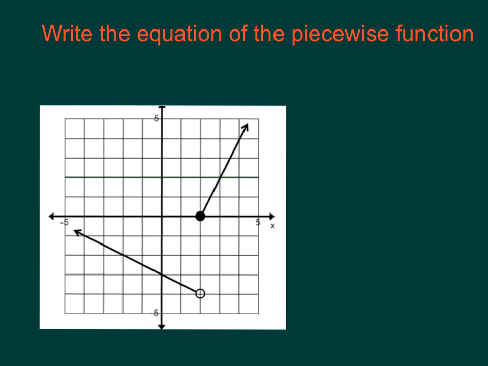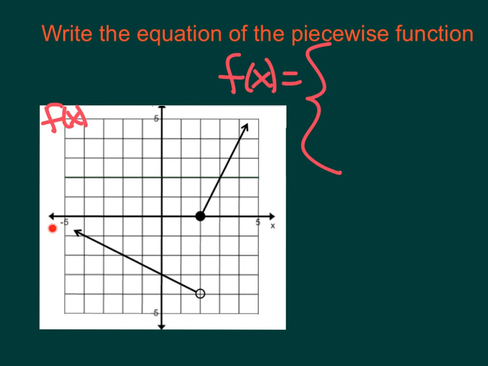All right, so we've evaluated, we've graphed, but now we have to go backwards and actually write the equation of the piecewise function. So here's how I start. Let's say this graph is called f of x. So I'm going to start with my f of x equals and a nice big bracket. I actually start with the domain first. So let's take a look at this graph on the left.